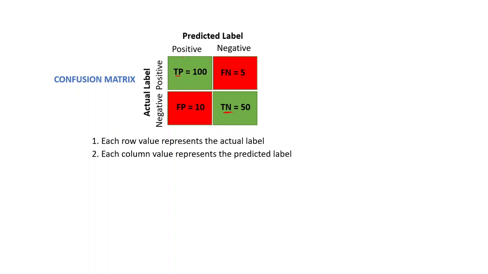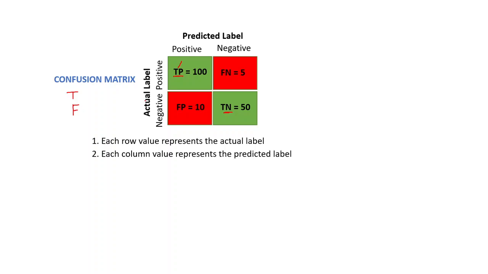Now when you look into this, as we can see here, TP, FN, FP, TN. There are actually two parts in this classification. First is the left hand side part, which says it's either true or false.